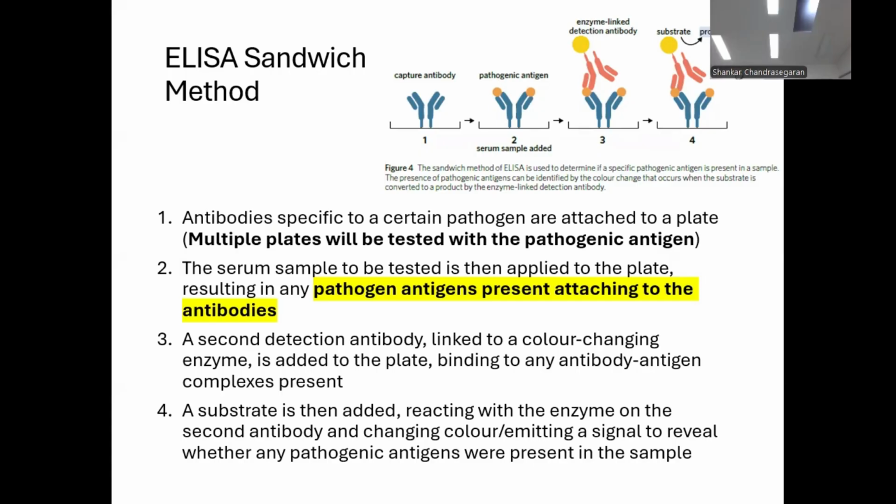And when we do the second detection antibody, that's when the antigen allows for the antibody to also bind to it. And this is why this is the important one, because this has the enzyme linked detection. Right, the enzyme linked detection antibody, meaning that it will actually present itself, meaning it actually identifies when the sample has actually been triggered.